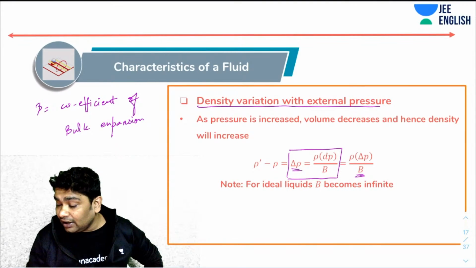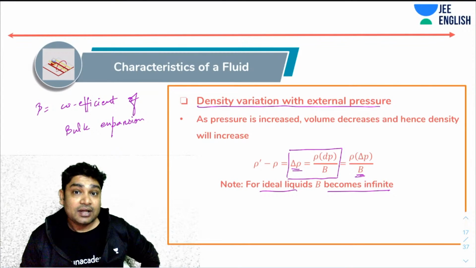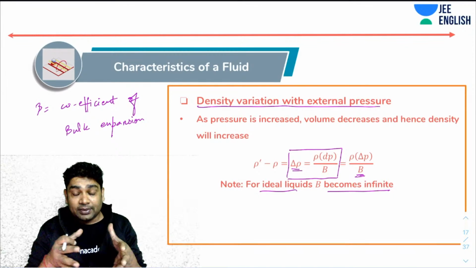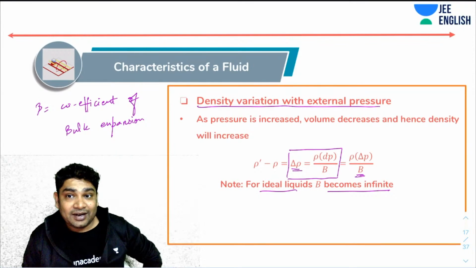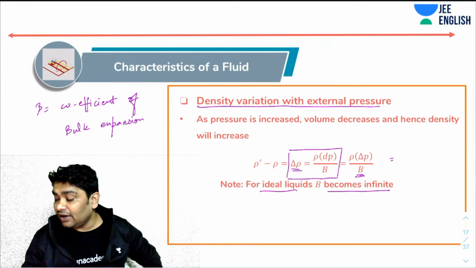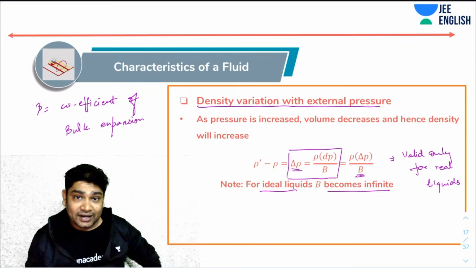Now, for ideal liquid, this can be considered to be infinite, so they will be incompressible. Their densities cannot be changed no matter how much you increase the pressure or decrease the pressure. Okay, now this equation is valid only for real gases, real liquids, because only they will show this behavior.